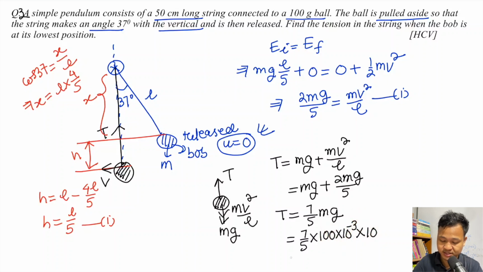So 7 by 5 times 1 is 1.4 Newton. So this is the tension.